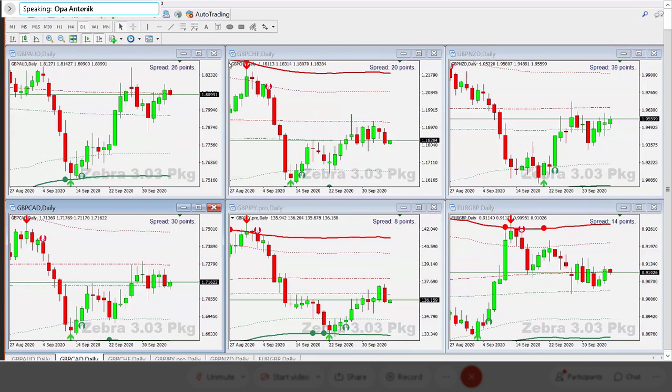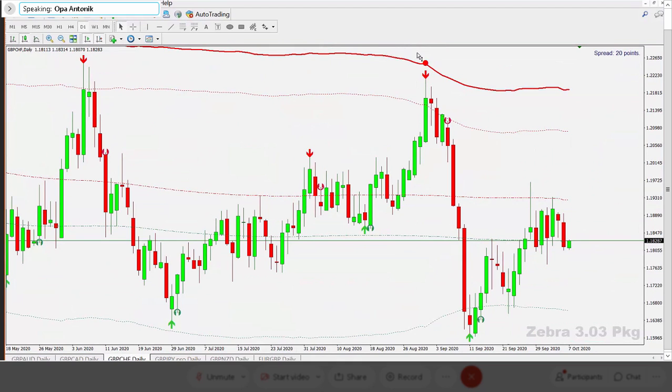Looking at the pound Swiss, you can see some time ago, earlier in September, we had two nice trades here, where we can see price moved in, we got the dot, and simultaneously got an alert, so we don't have to wait for the alert.